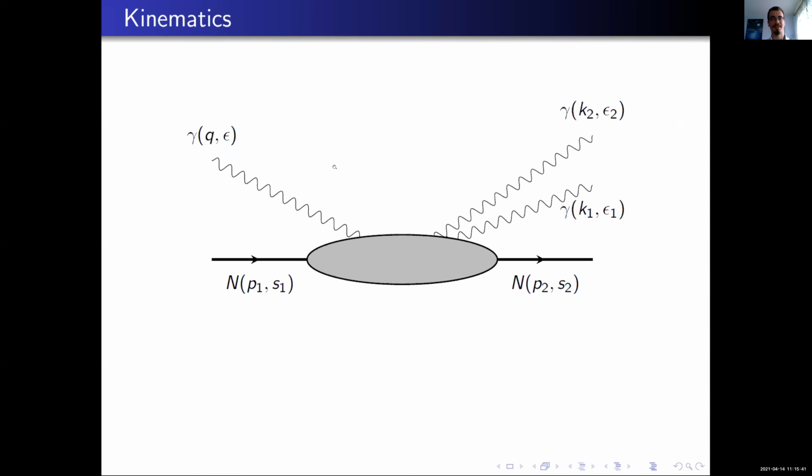First, let me describe the considered kinematics. For this process, we consider a nucleon with momentum in the z direction, which is struck by a real photon with momentum q in the opposite direction.